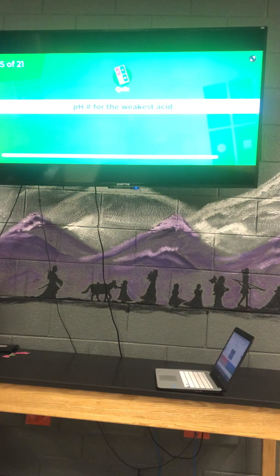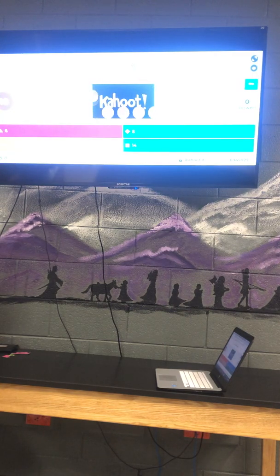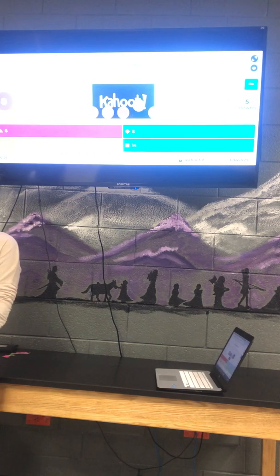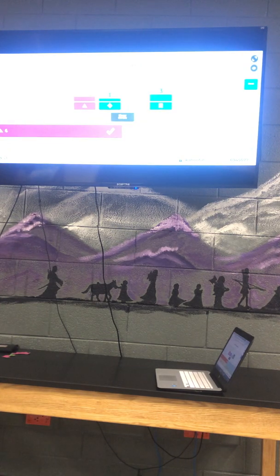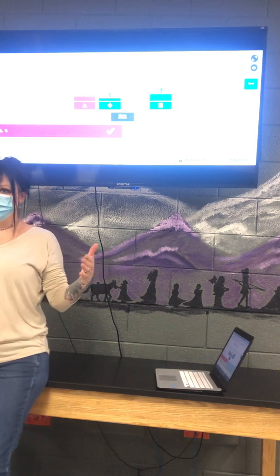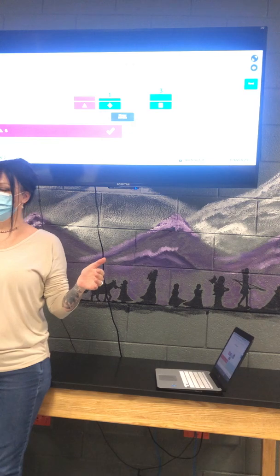pH number for the weakest acid. Okay, so on the pH scale, it goes from 0 to what? What's the top number? 14.